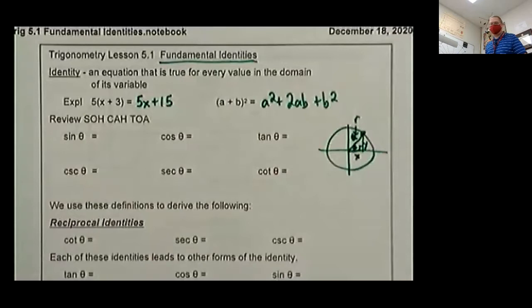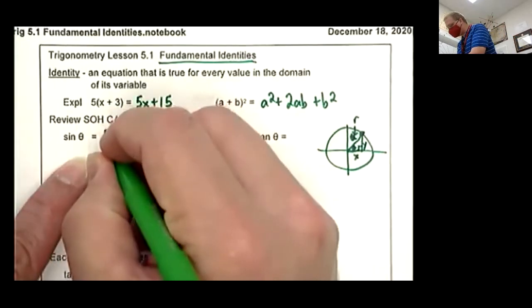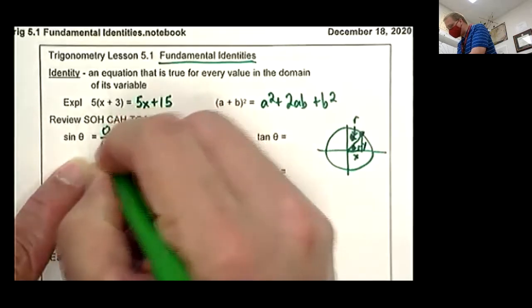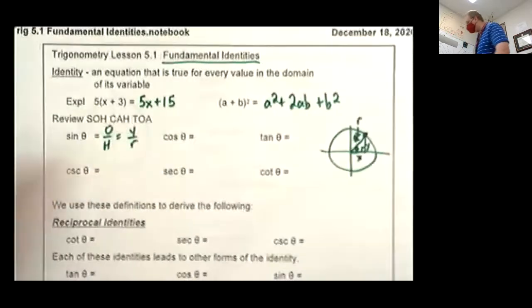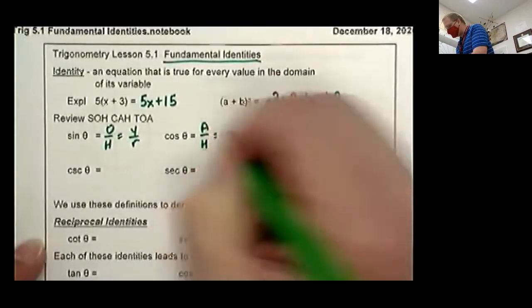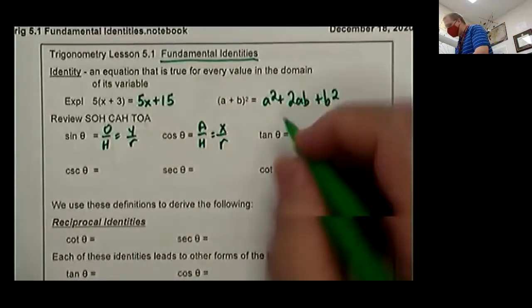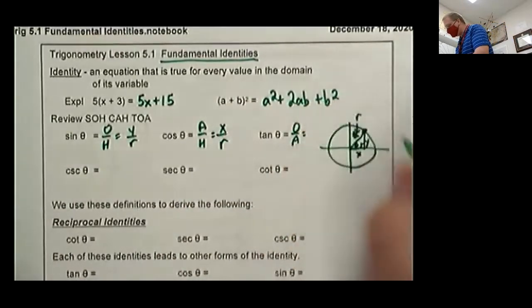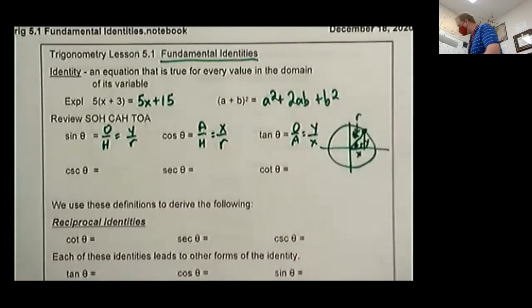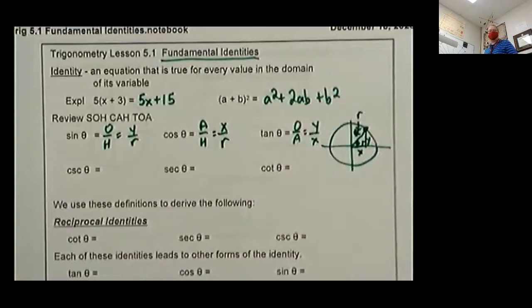Therefore, if we recall, sine theta then is Y over R, because that's the opposite over the hypotenuse. Cosine of theta is the adjacent over hypotenuse. That is X over R. Tangent is the opposite over adjacent. That is Y over X. And then we have our reciprocals, our flips.